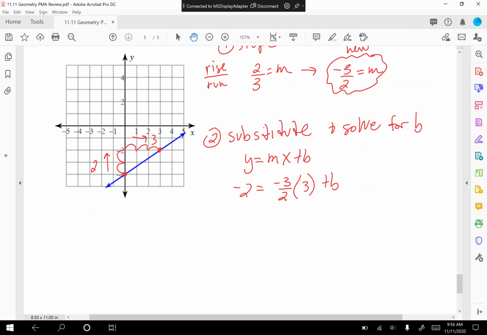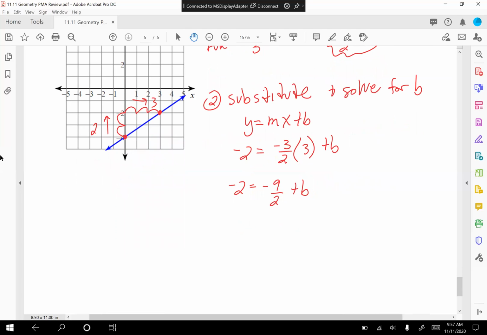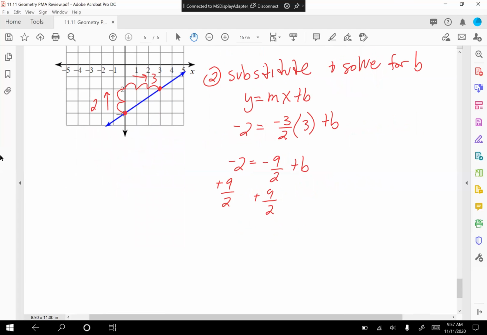Multiply these two here. So -3/2 times 3 is -9/2, plus b. Now I need to move this -9/2 to the other side, so I have to add, so plus 9/2. Now we'll do that in your calculator. Do -2 plus 9/2, and you leave it as a fraction.